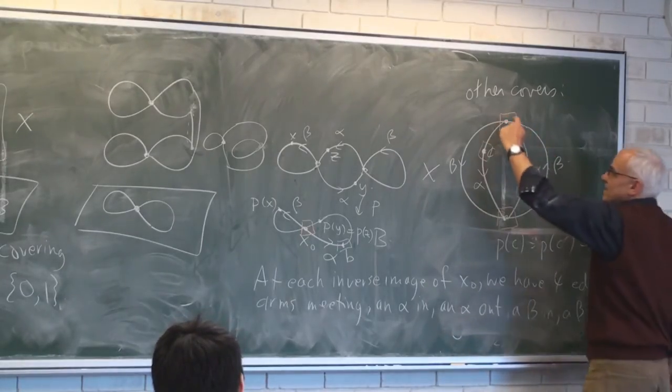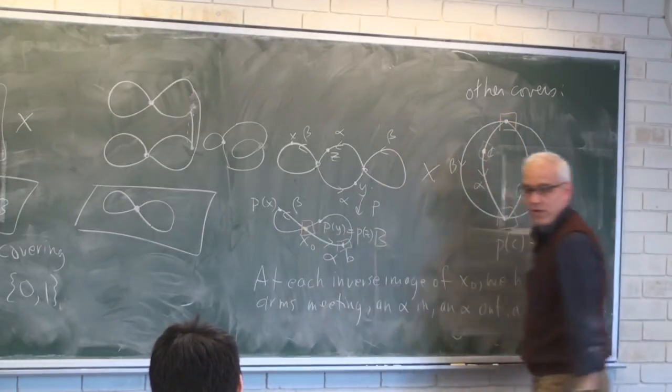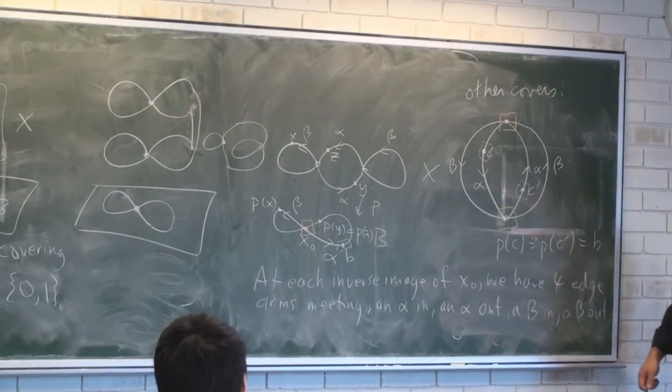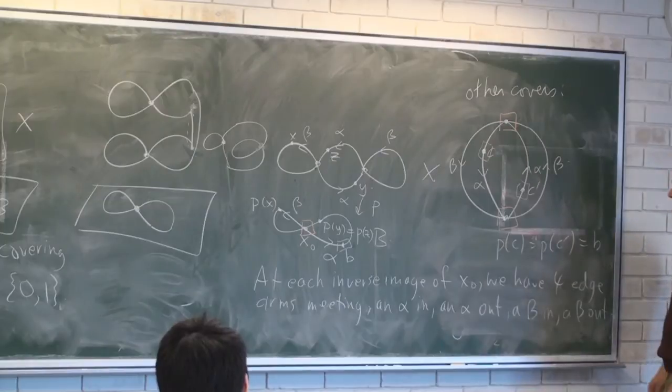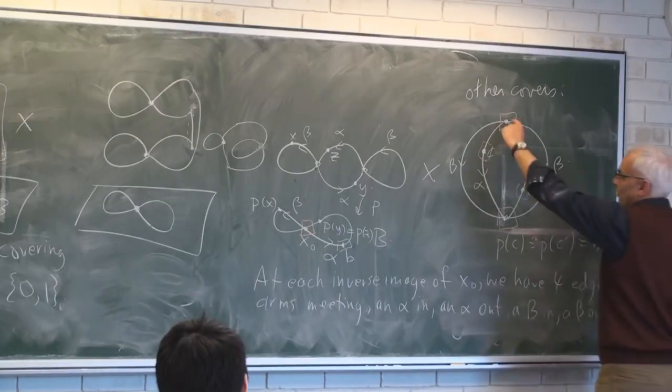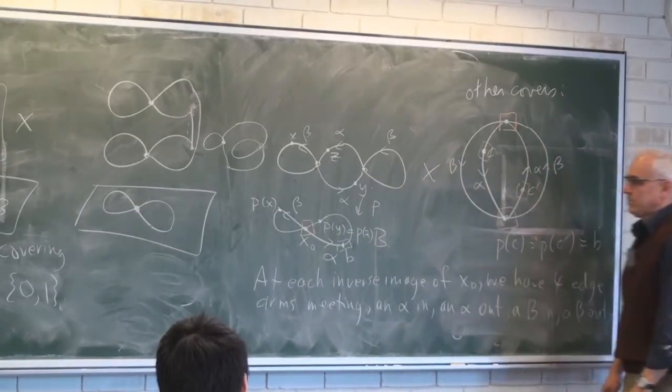So if you're just in this neighborhood here, you can't tell whether you're in this graph or in this graph. They're the same. Locally, they look the same. Although globally, of course, it's quite different. As graphs, these are actually proper edges. Well, these are loop edges.